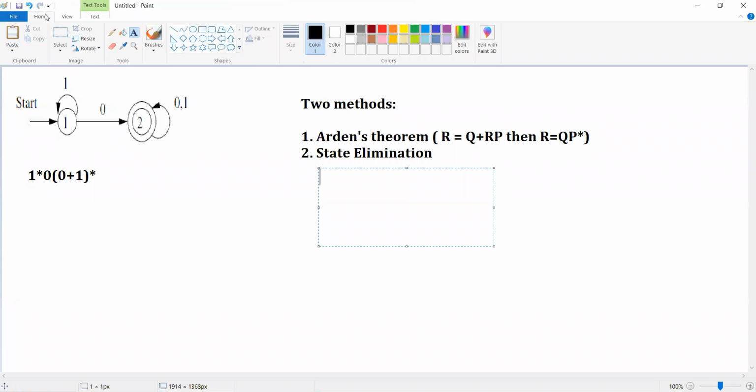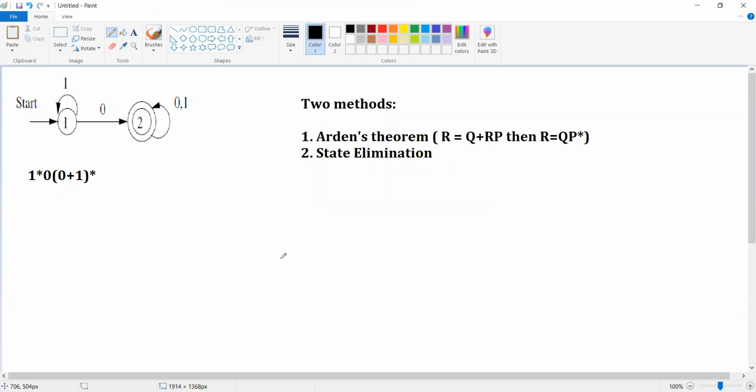First let me explain. Let us observe that I have a node like this, a state A. Now I have a transition on 0 from A to A. Do we have any intermediate states? What do we mean by intermediate states?